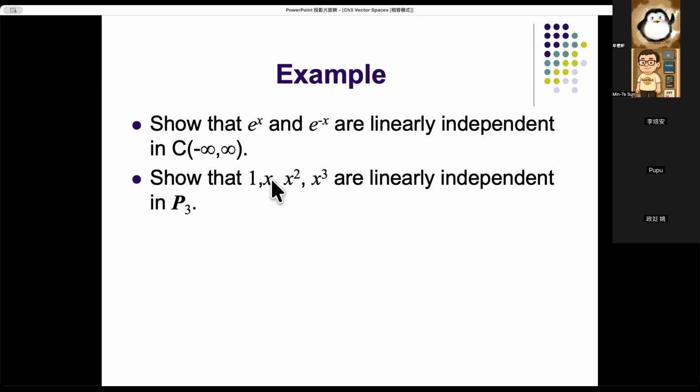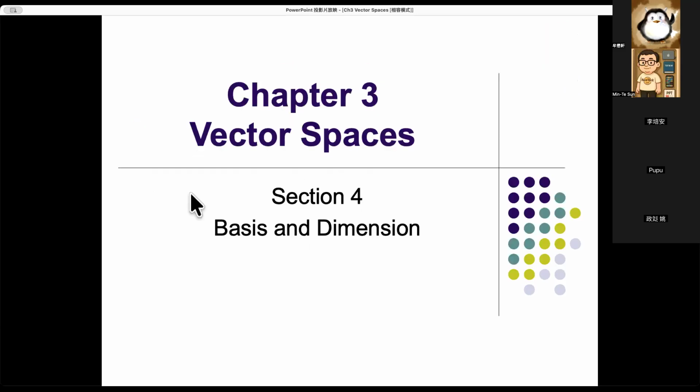So this is relatively easy, according to the linear independence definition. So we are done with section 3.